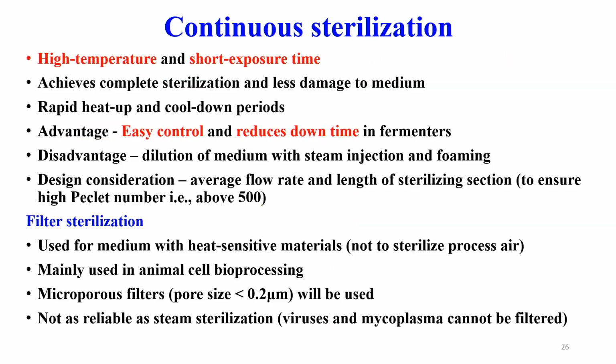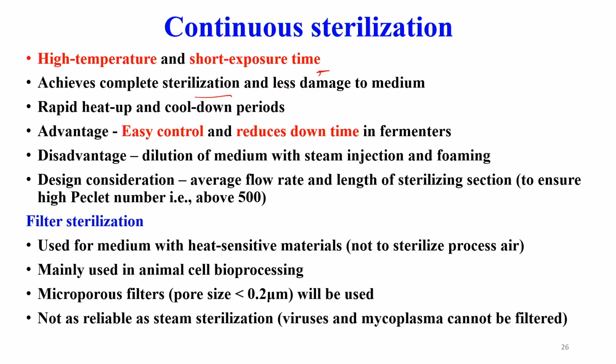Now, next is continuous sterilization. This is also known as high temperature and short exposure time sterilization, and it achieves almost complete sterilization and less damage to media because the time is short. How is it achieved?